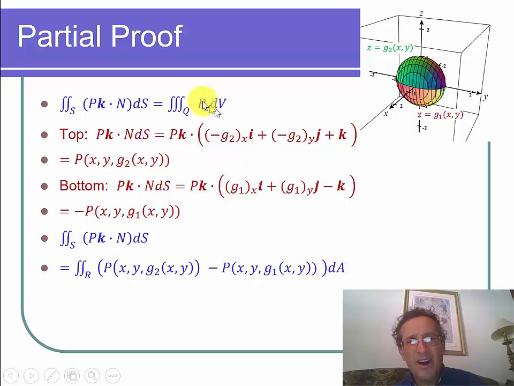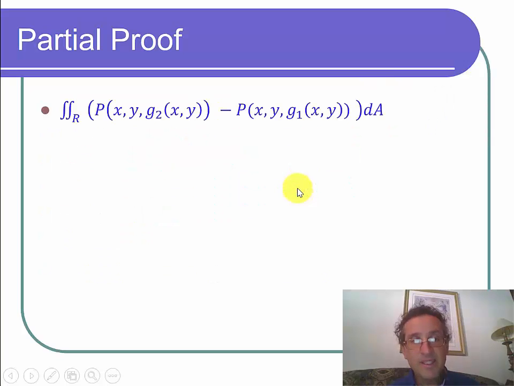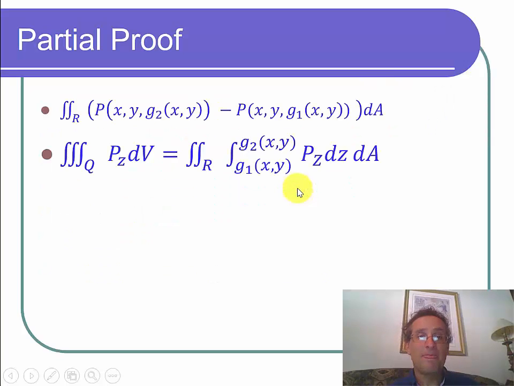What I want to do now is find out what is the triple integral over the solid Q of the partial derivative of p with respect to z dv. So let's work that out.